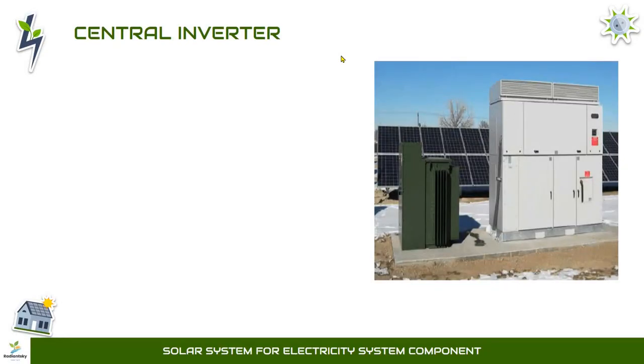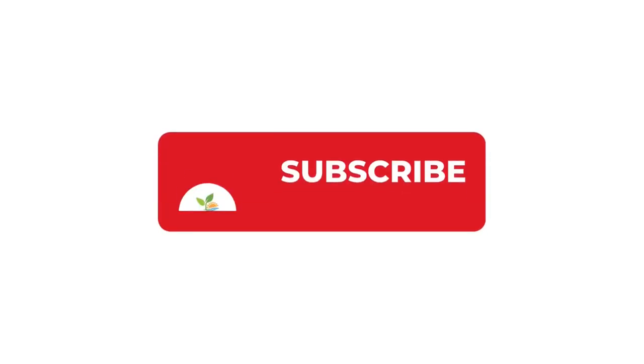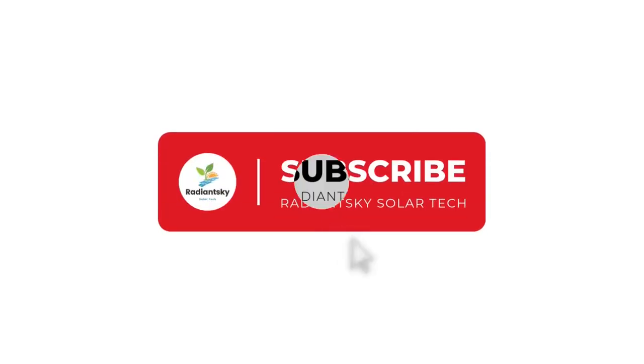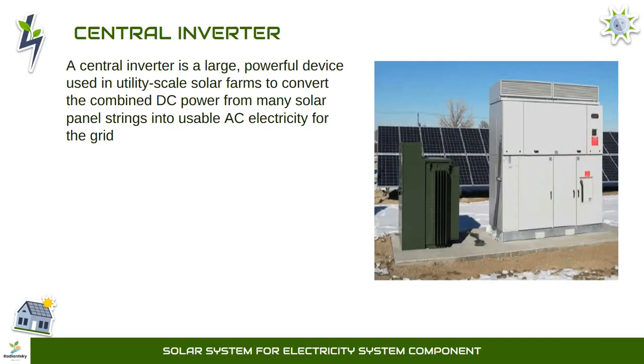There is another kind of inverter that I would like to introduce to you. It's called a central inverter. This is a very big kind of inverter. A central inverter is a large and powerful device used in utility scale solar farms to convert the combined DC power from many solar panel strings into usable AC electricity for the grid. This one is used for powering large scale solar usage, in terms of solar farming or factory use of solar systems.